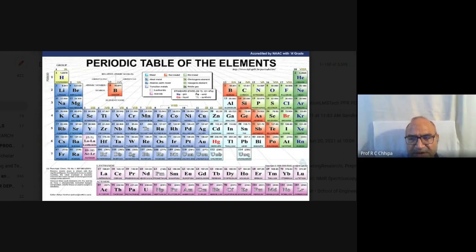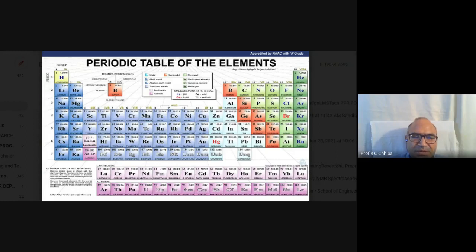We can say that energy is transferred from one to the other. So how are compounds formed, and then bonding is between two or more elements. So the question is there.